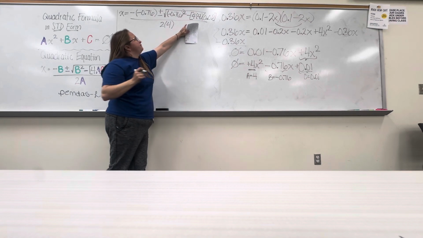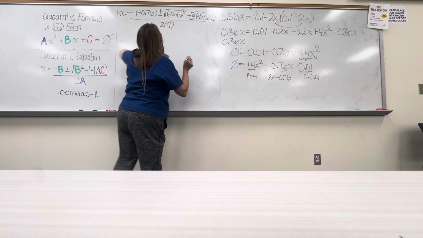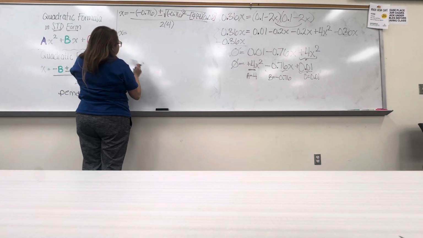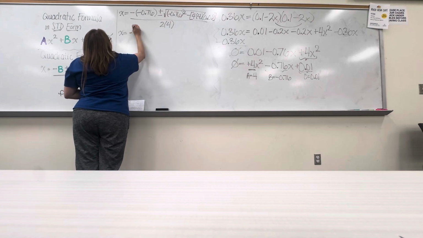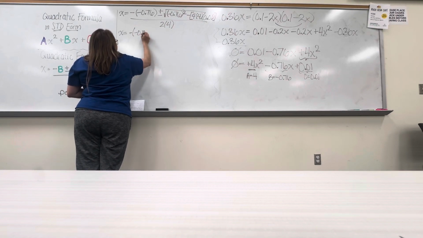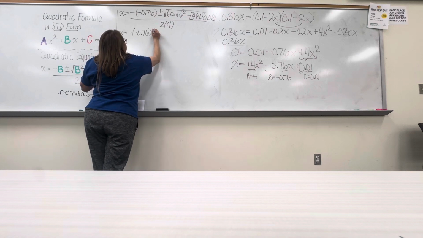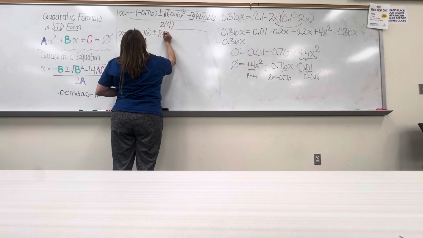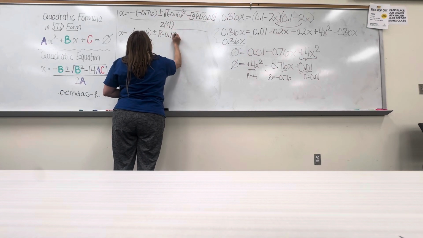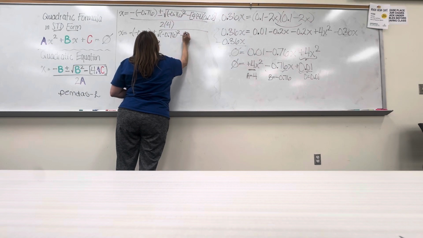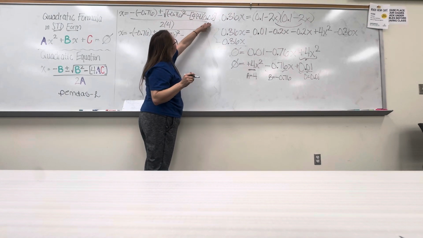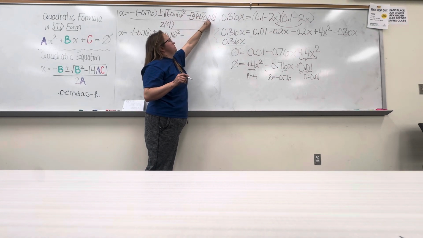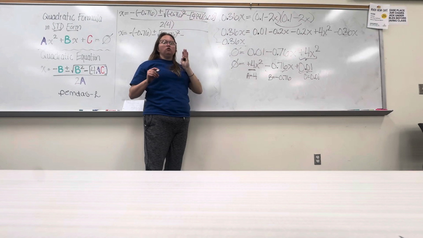Do what's in our parentheses first, okay? So let's figure that out. And again, follow the language of math. Negative 0.76 plus or minus square root of this value, 0.76 squared minus, let's do what's in that parentheses, okay? 4 times 4 is 16, multiplied by 0.01, it's gonna be 0.16.